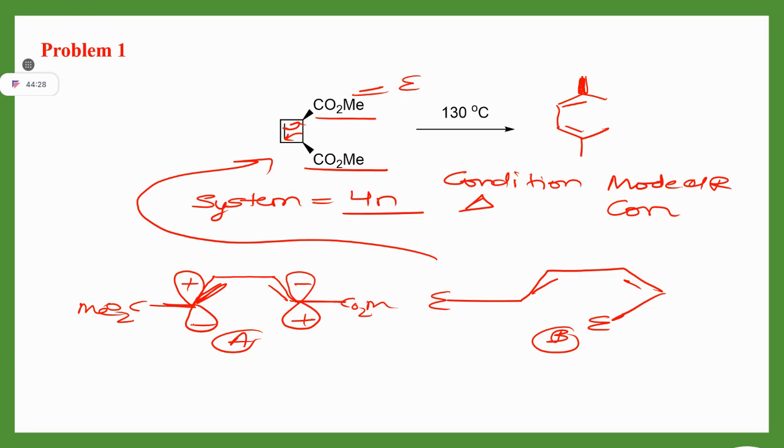Remember, you have to do conrotation. So if you are doing conrotation in this way, this CO2Me will go up and this CO2Me will go down. But in starting material, they are syn. So this should not be possible. But here, under this condition, this CO2Me group will go above and this will also go above under conrotation, right?